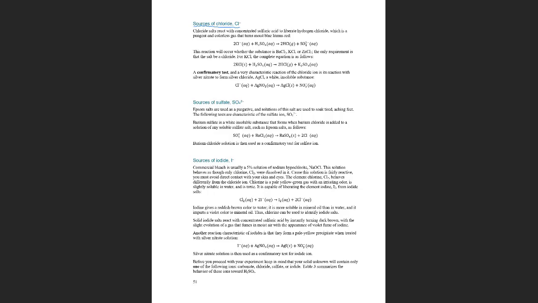But instead of liberating the other gas that has no odor, here the chloride reacts with sulfuric acid to produce also a gas, hydrochloric acid, but the odor is sharp and strong. They call it a pungent, colorless gas that, if you put a moist blue litmus paper, will turn red.